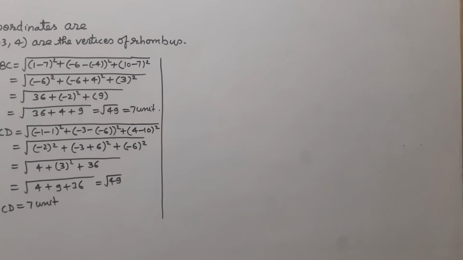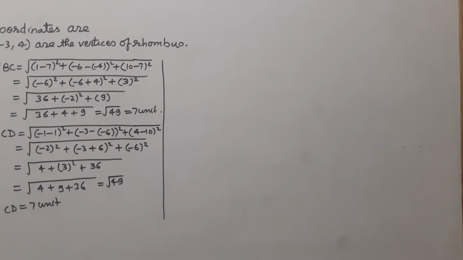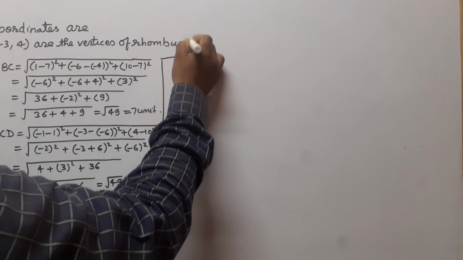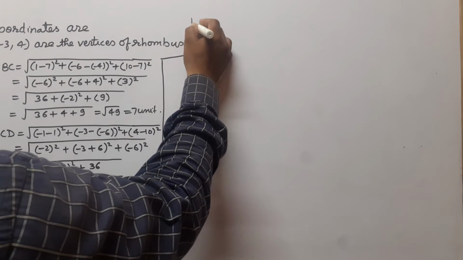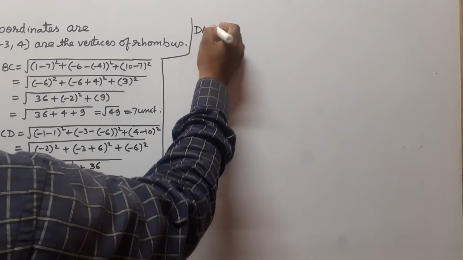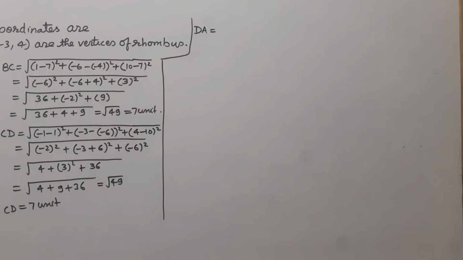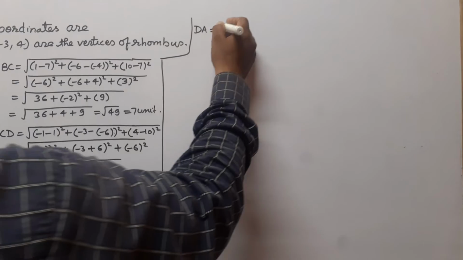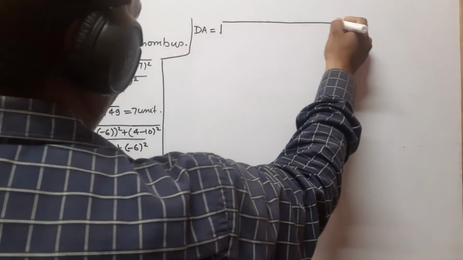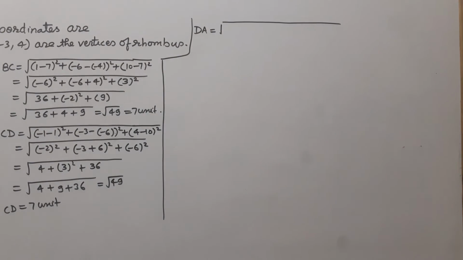Now we find the distance between D and A points. So DA is equal to, here we use the distance formula again, that is DA is equal to the square root of (x2 minus x1) whole square plus (y2 minus y1) whole square.